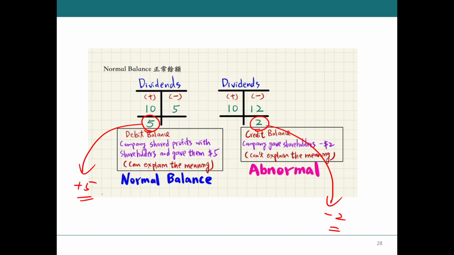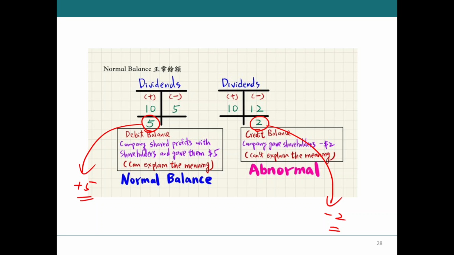Could you tell me what $5 means? It's not about the cash. Dividends are about sharing profit with shareholders. Whether you pay the cash or not, we are not sure. There is a second effect. So dividends $5 means that after the whole year, we shared $5 of profit with shareholders.